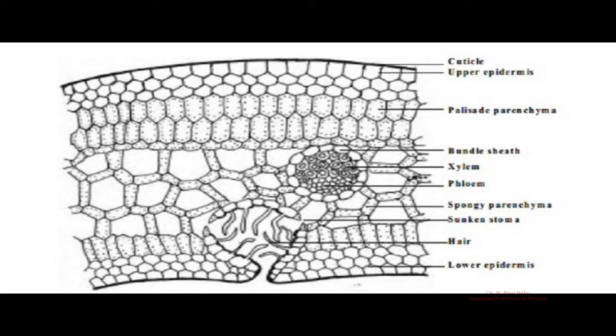While following this diagram, you can clearly understand. Now I'm not going to discuss the internal structure of the leaf, dear friends, but at the same time, I need to clarify how palisade parenchyma and sponge parenchyma look.